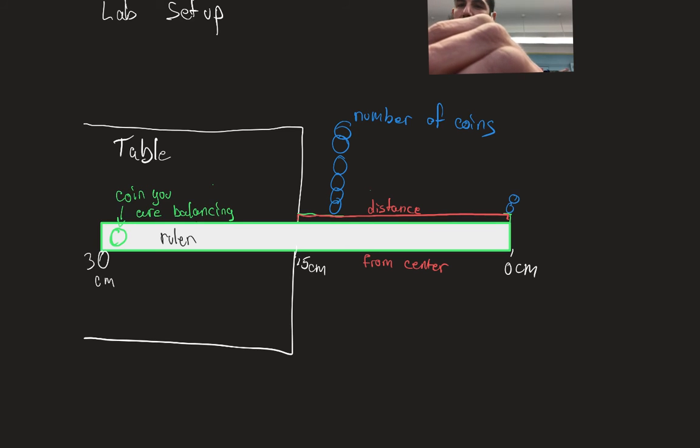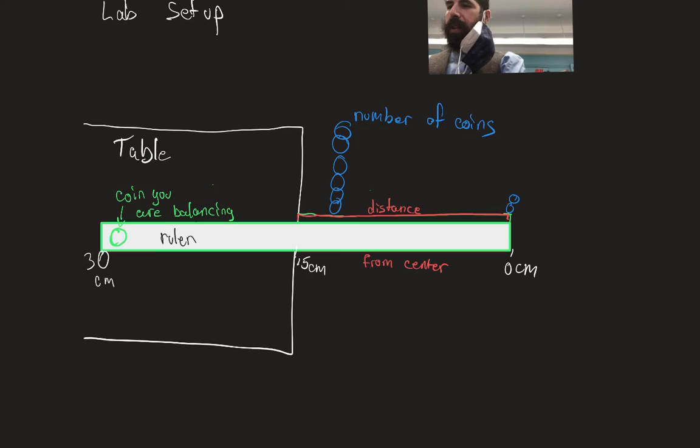One thing you'll be able to change is the number of coins that balance on the ruler. You'll have one coin on the end, and you can try to balance as many coins as you can on this side of the ruler. Another thing that will affect the system is how far the coins are from the edge of the table.